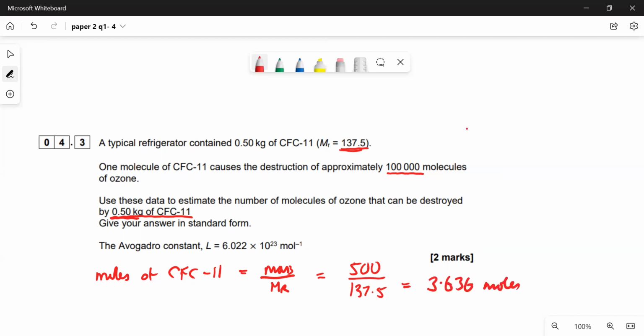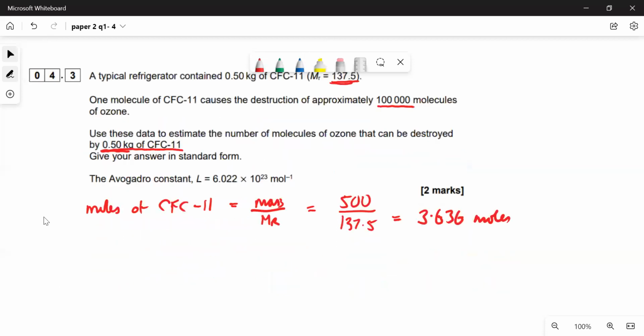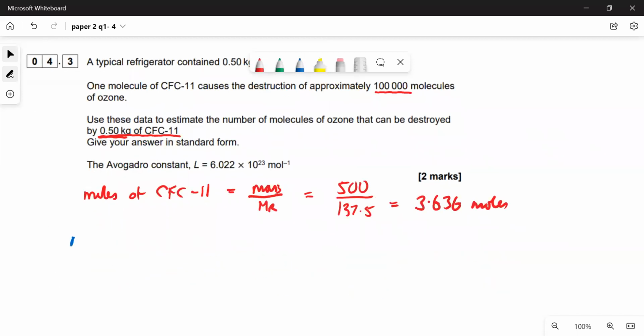So now we need to work out the number of molecules we've got there. So multiply it by the Avogadro constant. It's going to be moles times the Avogadro constant, L. So that's 3.636 times 6.022 times 10 to the 23.